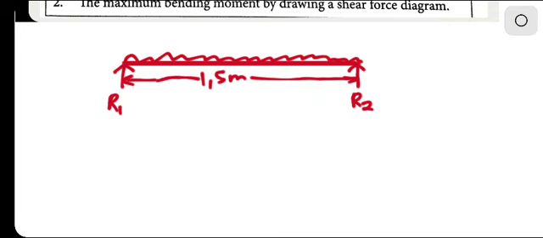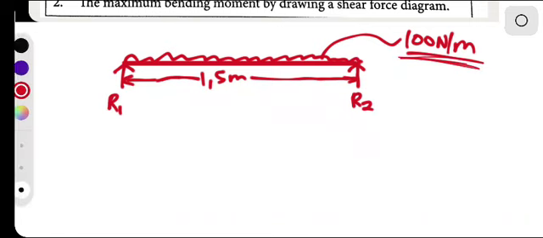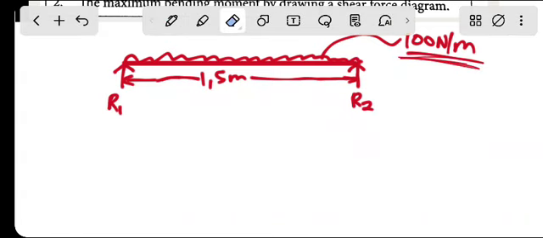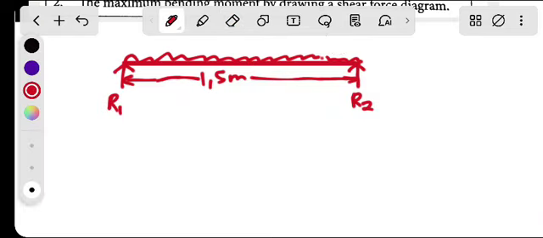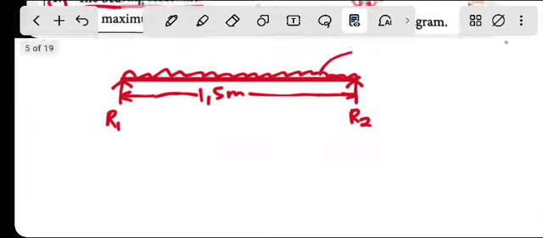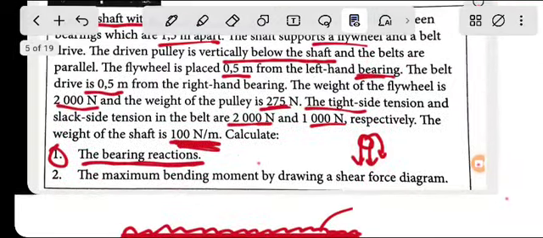It's 100 newtons per meter. Let me write it there. This is 100 newtons per meter, because obviously this is our distributed load. Let me just do it like this for the sake of not confusing. Let us put this in more detail.